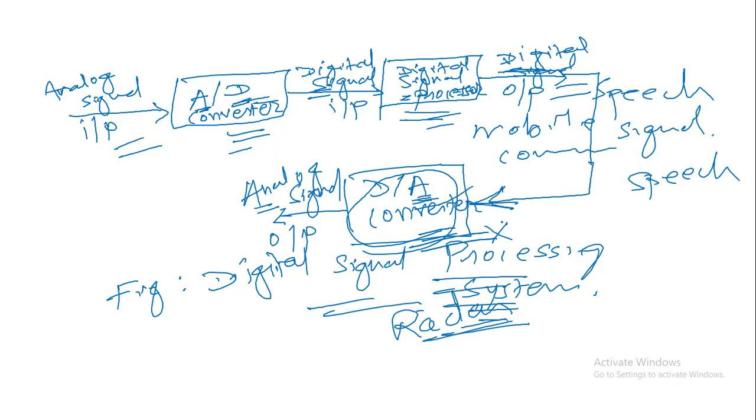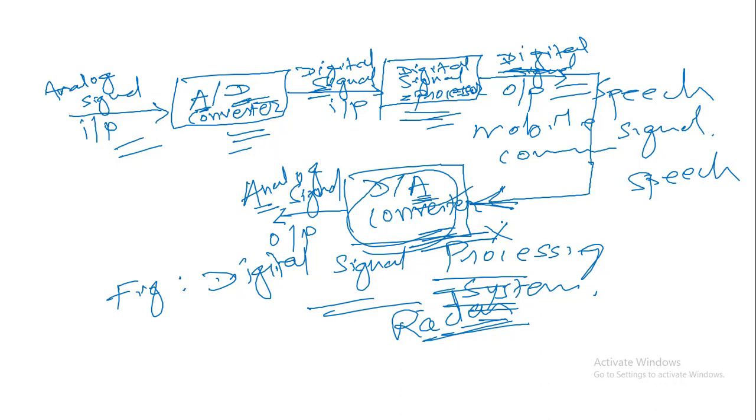So these are some basic elements of a digital signal processing system. What are those basic elements? First, the analog to digital converter, which converts an analog signal into digital form. In subsequent lectures we will go into the details of the analog to digital conversion process, but for now it converts the analog signal into digital form.